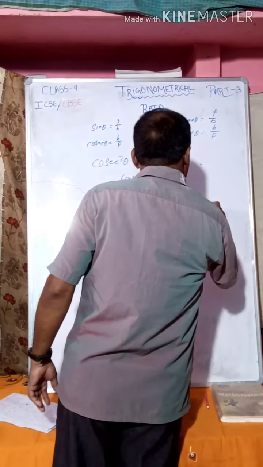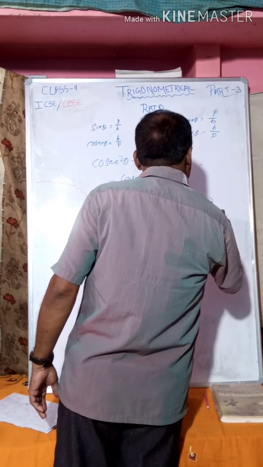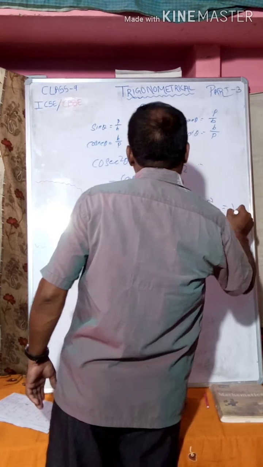So p square upon p square cancels, that is equal to 1.